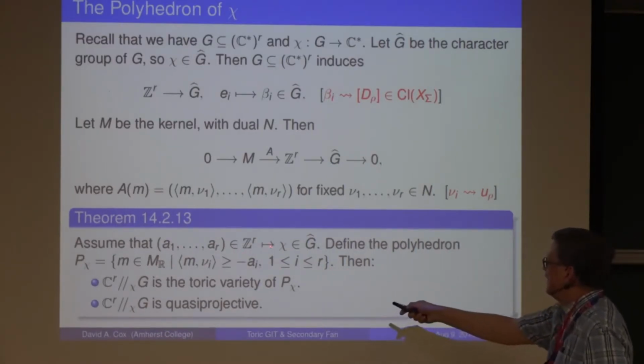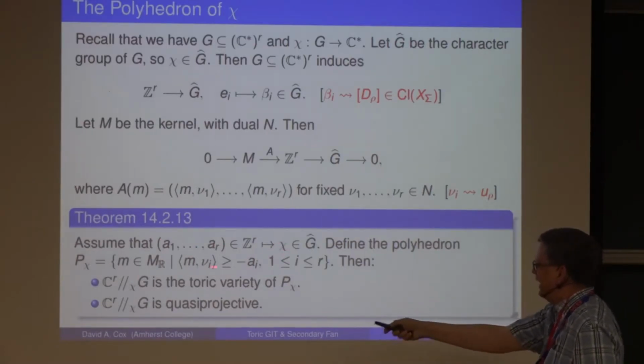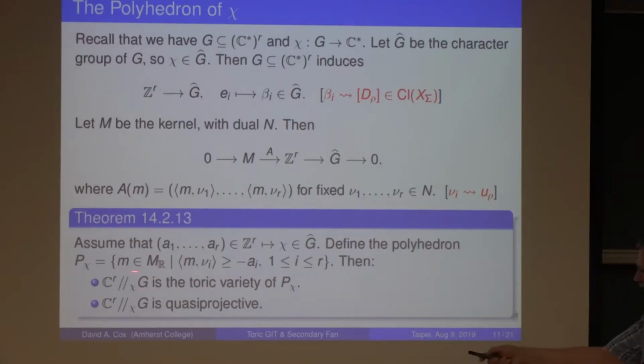And again, remember that these guys map to chi, and that's what's giving us this polyhedron. And it turns out that this is a toric variety of a polyhedron, and therefore it's quasi-projective, and that's the stuff we did in chapter 7.